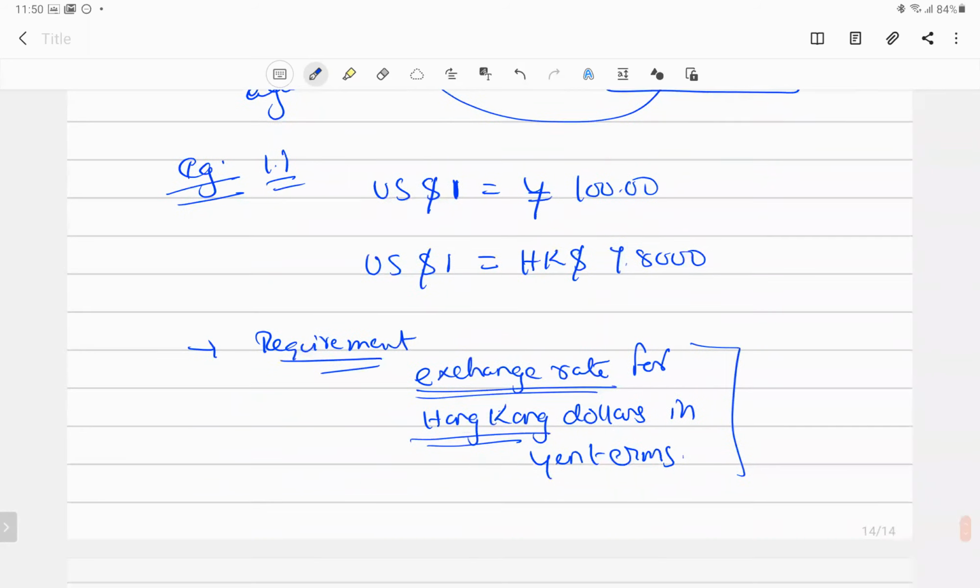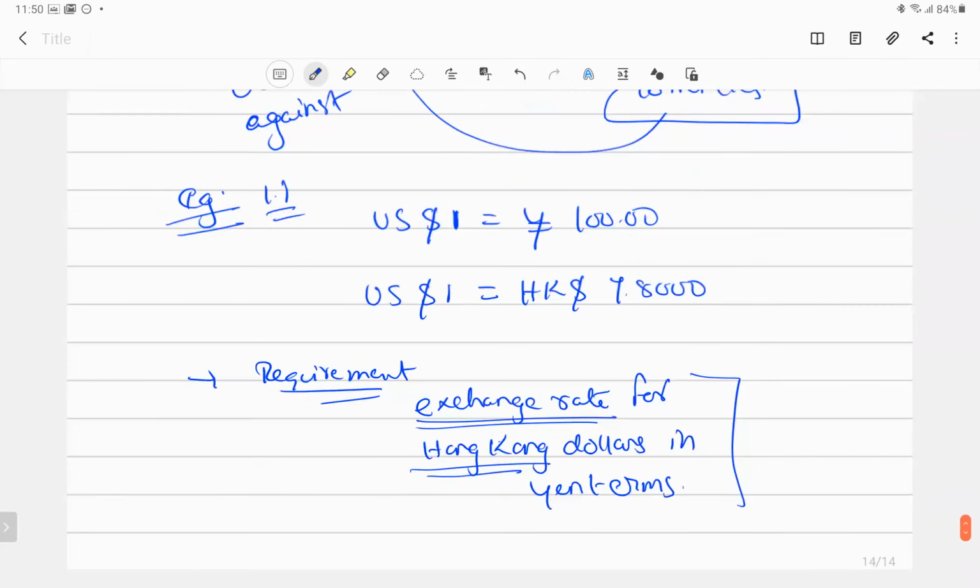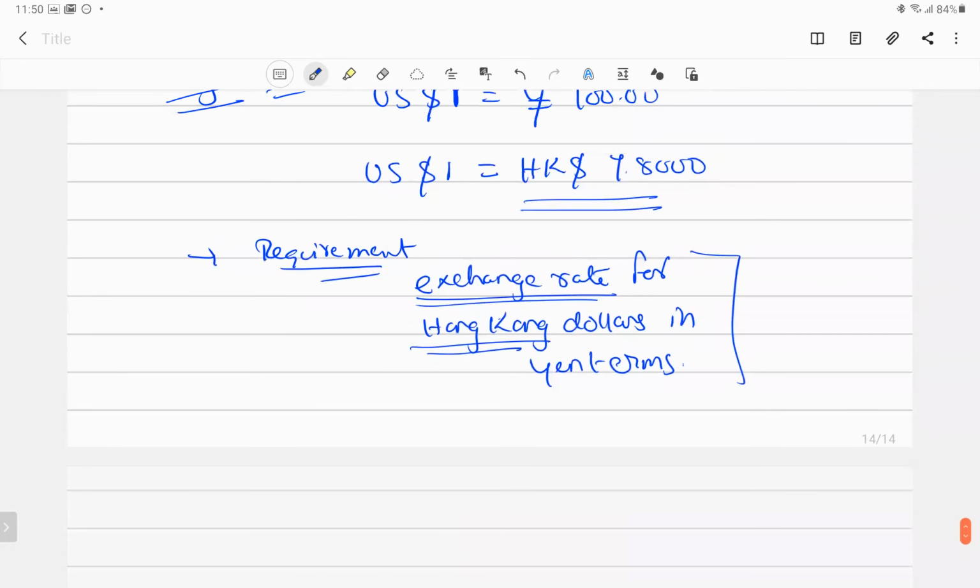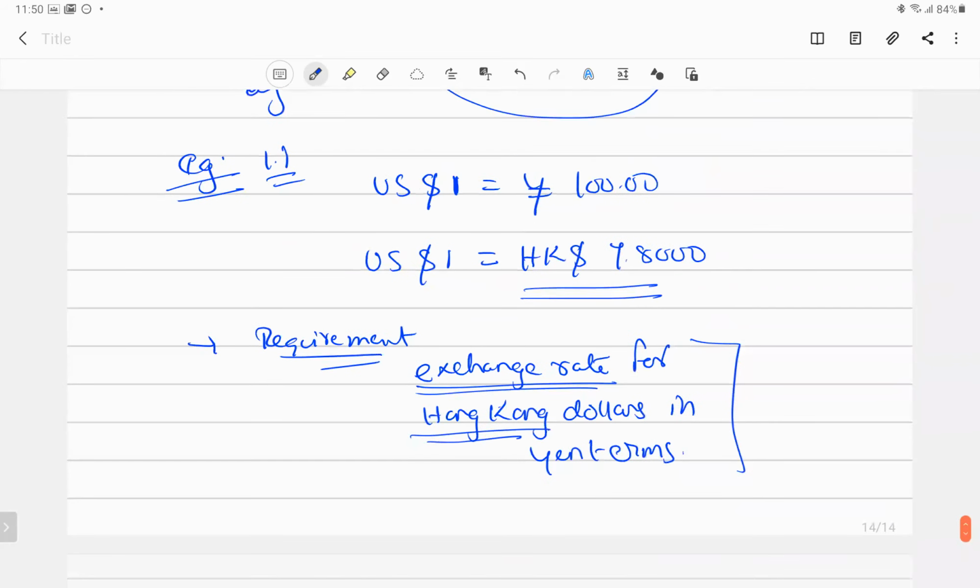Here the Hong Kong dollar is the commodity currency to be priced. So how many yen is one Hong Kong dollar? We know that US $1 is equal to 100 yen, and in the same way US $1 is equal to Hong Kong dollar 7.8000.